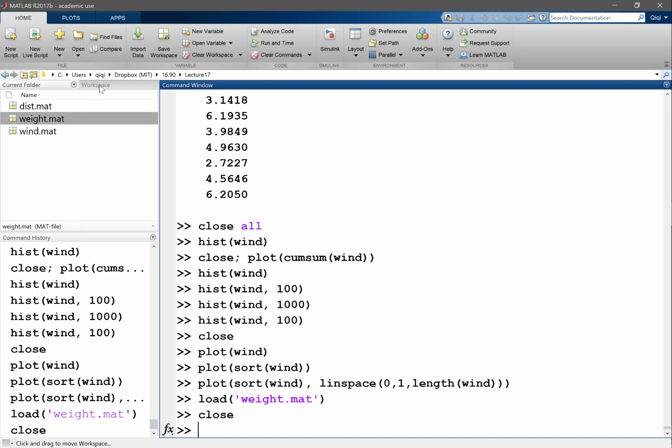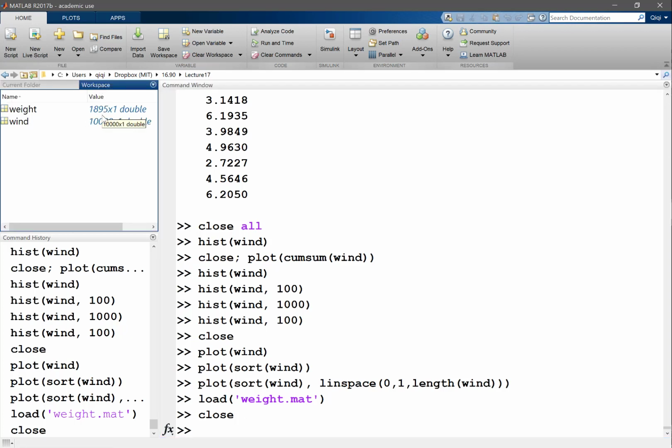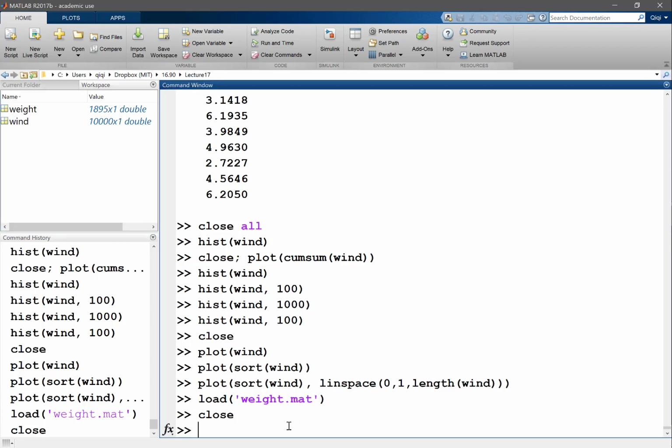So here, my weight now has 1,895 samples or random samples of the weight our customer has ordered, and within a maximum, let's say, within the maximum limit of 1 kilogram. How do you want to look at the data? CDF, plot sort. Okay, so plot sort my weight.